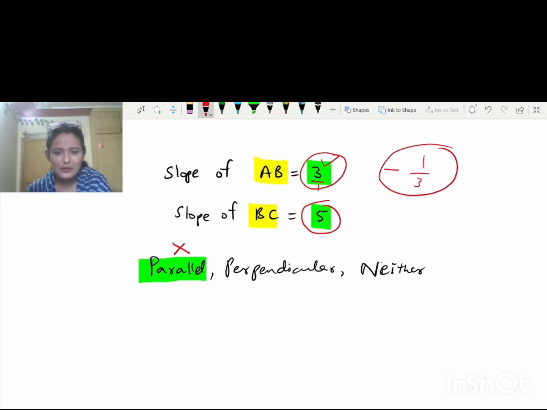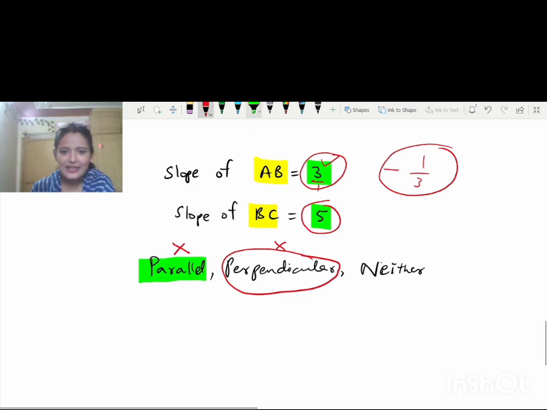As the slopes are not negative inverses of each other, make a guess: can these lines be perpendicular? You will say, as the slopes are not negative reciprocals of each other, these lines can never be perpendicular. So my only choice is neither.